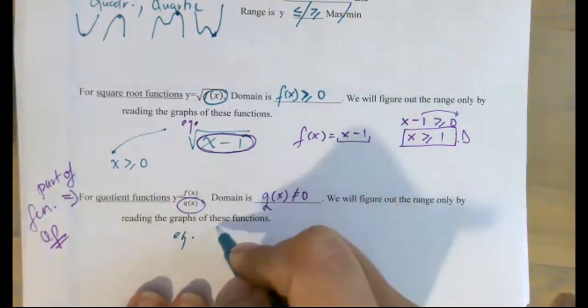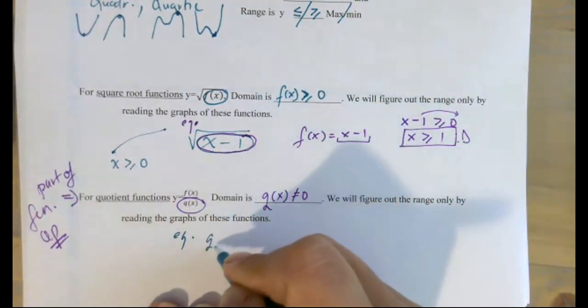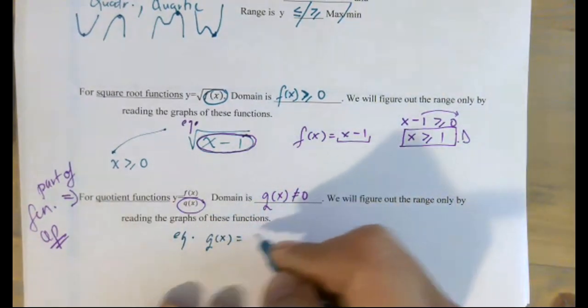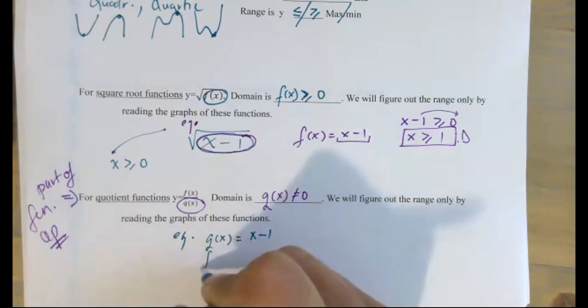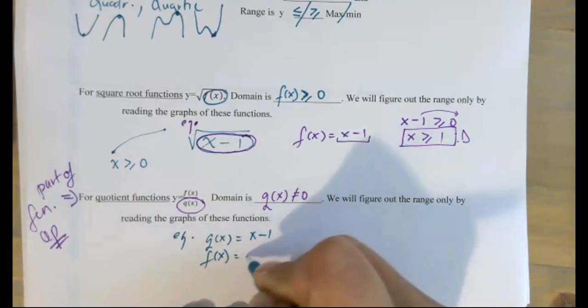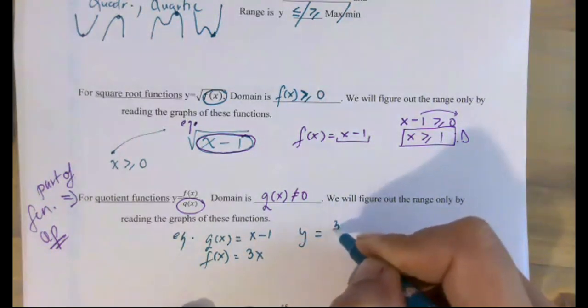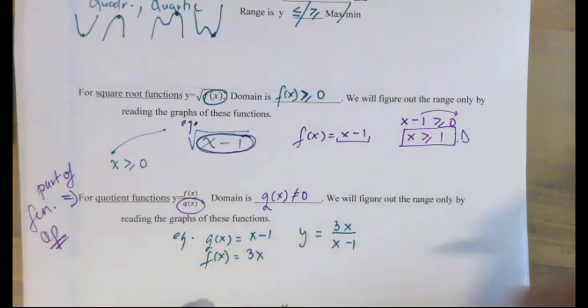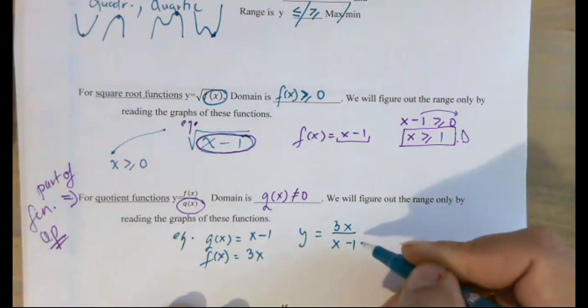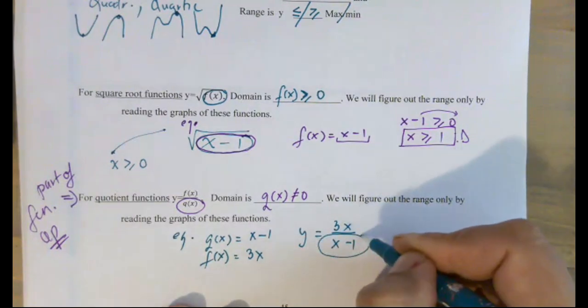Let's say we have q of x as x minus 1, and f of x is 3x. Then our function y will be 3x over x minus 1. Now x minus 1 cannot be 0.